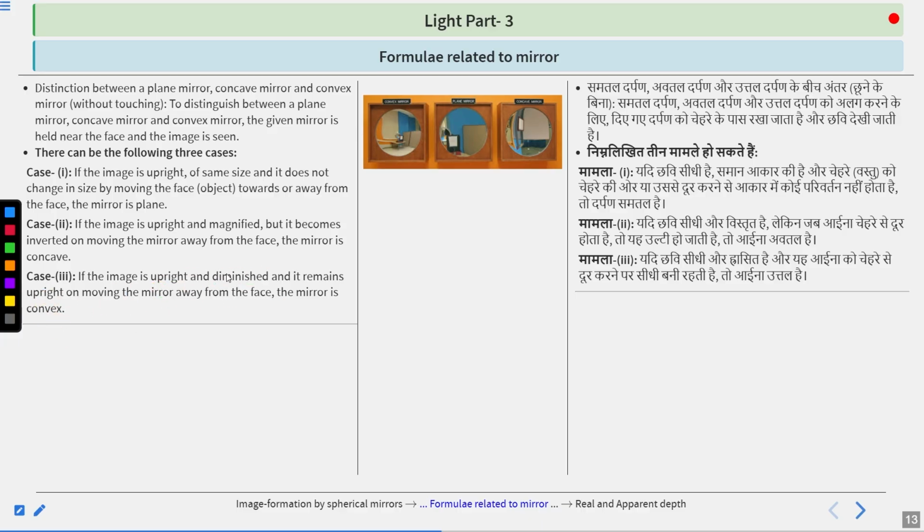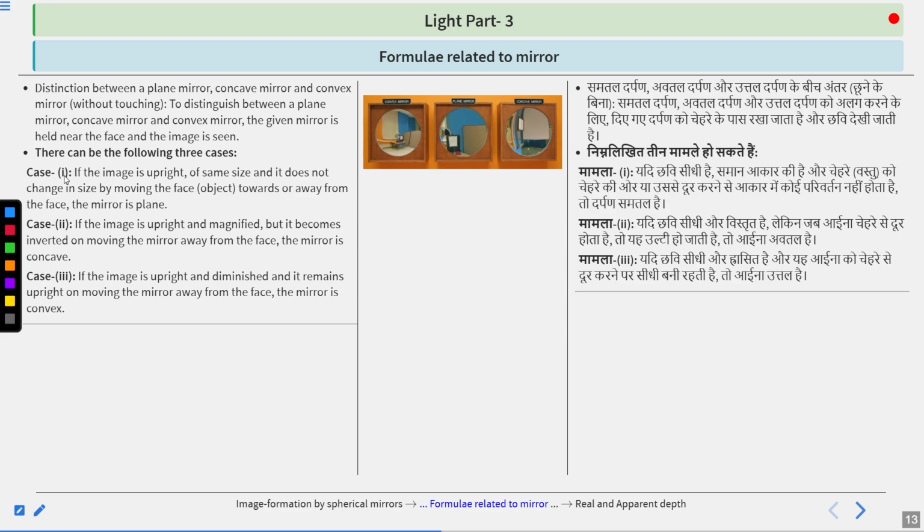So these three cases are there. First case: standing in front of a mirror, you see your upright image the same size, and moving towards or away from the mirror, the image also moves. Plane mirror. Second: your image is upright but magnified, and when you move away from the mirror, your image is inverted. Concave mirror.